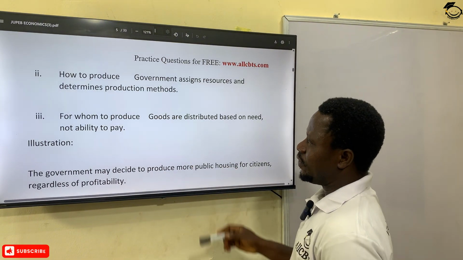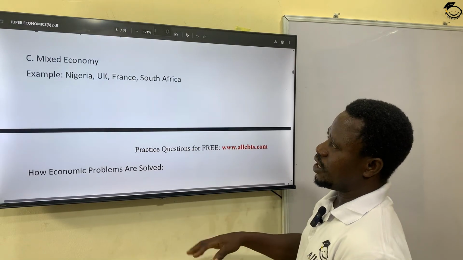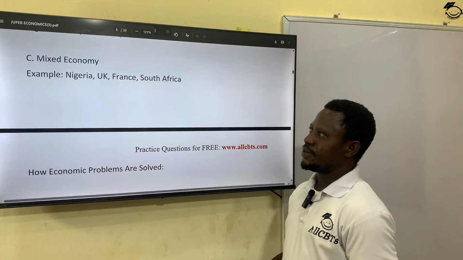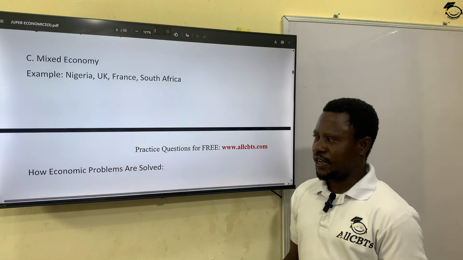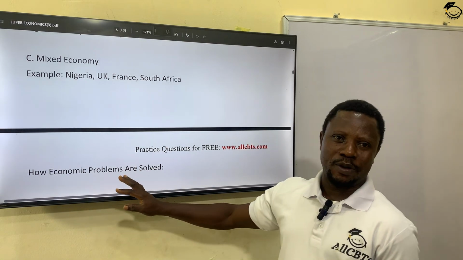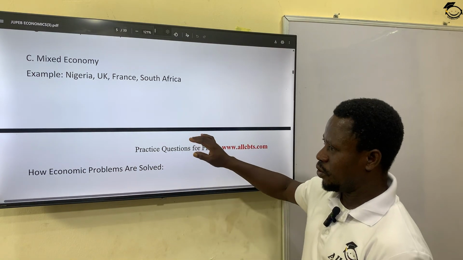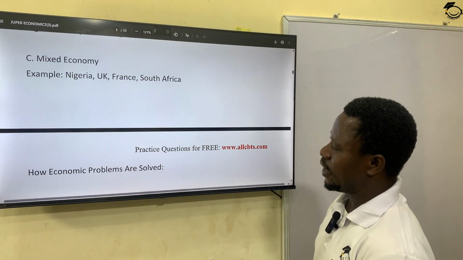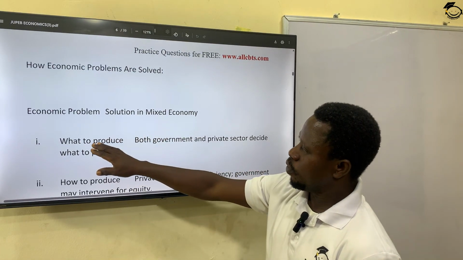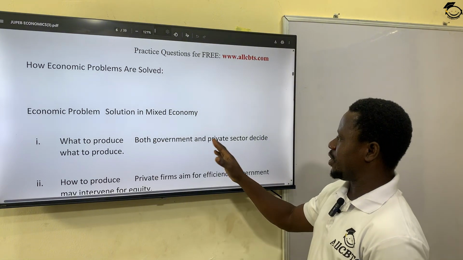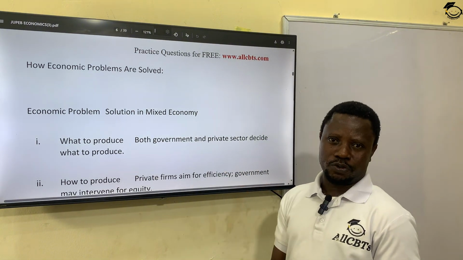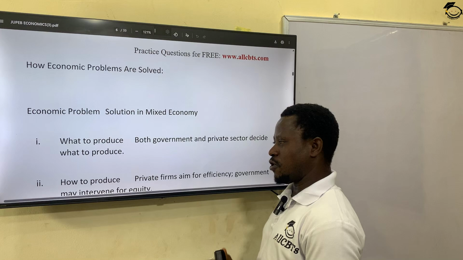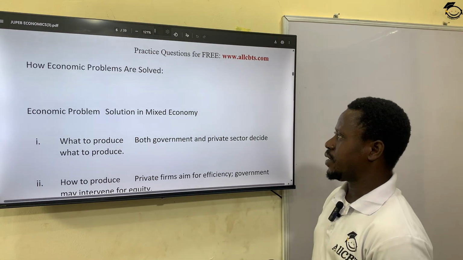Now, let's see the mixed economy. In a mixed economy like Nigeria, UK, France, South Africa, let's see how economic problems are being solved. For what to produce, both the government and the private sector decide what to produce. Remember, that's a mixed economy, the combination of both private and government.